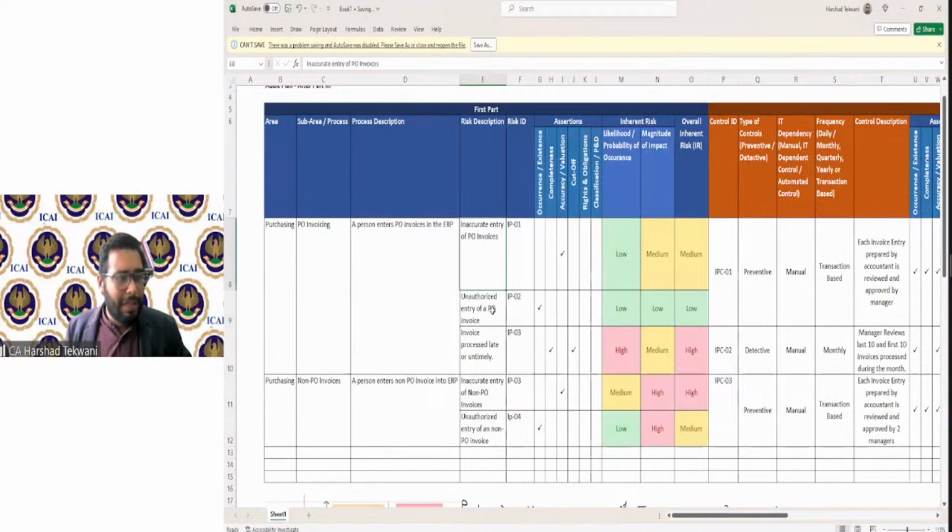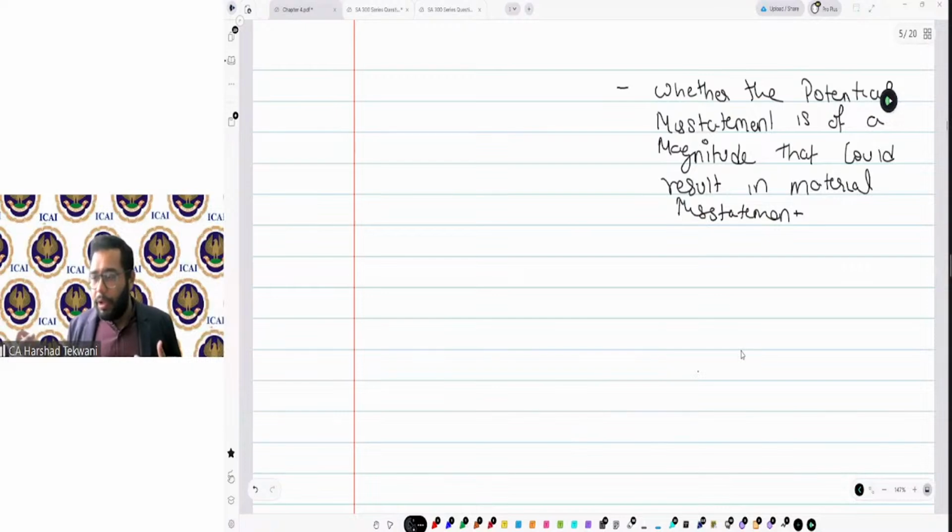Remember when I was talking about these risks, I said there could be multiple types of risk. There could be fraud risk related to significant economic and other accounting developments like the regulatory environment, complexity of the transactions, related party risk, risk relating to subjectivity in measurement of financial information, risk involving significant transactions outside the normal course of business.